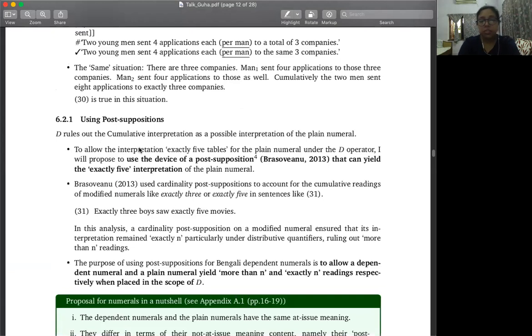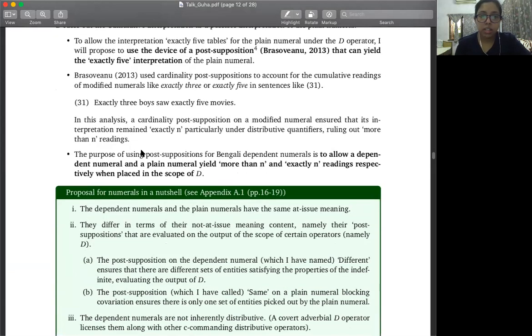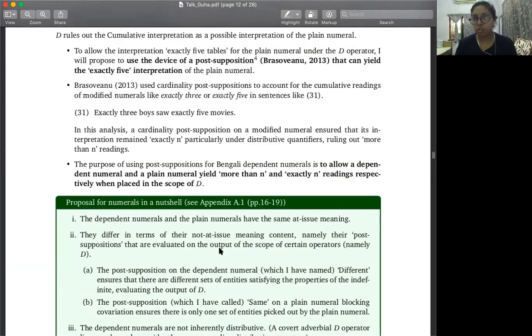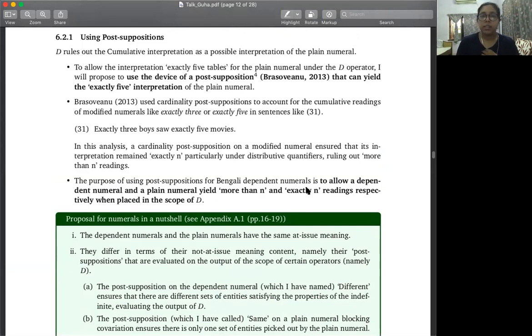To allow the interpretation exactly 5 tables for the plain numeral under the D operator, I'll propose to use post suppositions, which are like presuppositions, but unlike presuppositions, they are evaluated on the output context. This I've borrowed from Brasaviano 2013 and Henderson 2014.